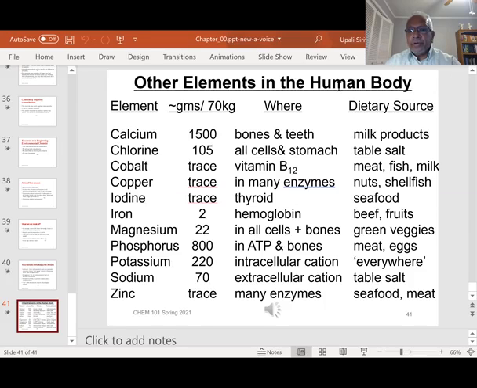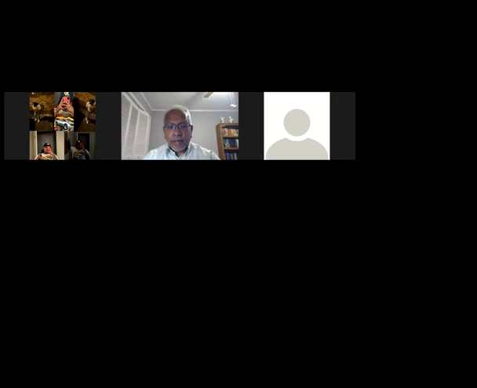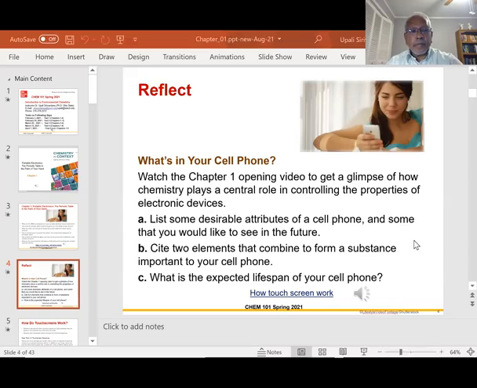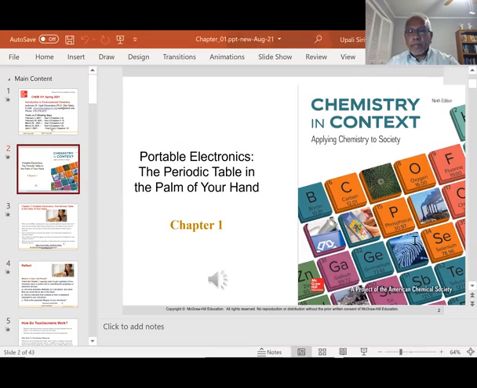So I'm going to go to Chapter 1, which covers real environmental chemistry. Okay, the topic of Chapter 1 is portable electronics, the periodic table in the palm of your hand.